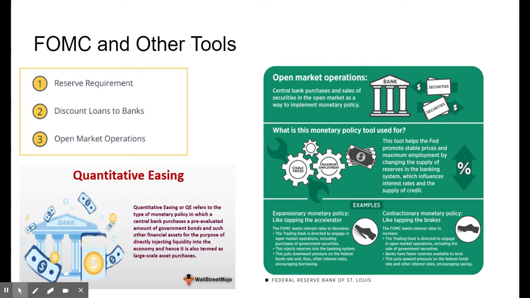So this injects reserves into the banking system, and this puts downward pressure on the federal funds rate and other interest rates, basically lowering the rates and therefore encouraging more borrowing. So there's not only more money available, lower interest rates encourage people to go out and get loans and spend.